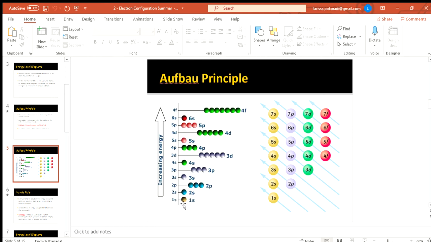We did 1s first, then 2s was second closest, followed by 2p, and then we saw 3s. We also have 3p's. We know we have 3d's. We saw them in the last PowerPoint. But 4s, despite being a larger n value, actually has less energy than the 3d's. So you'll see some weird anomalies where we don't actually go in numerical order.